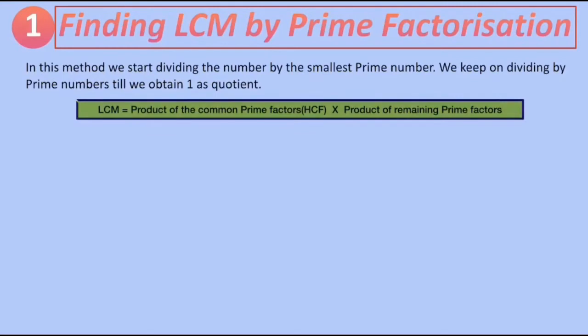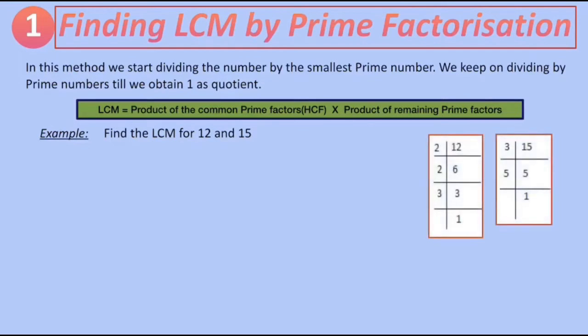Now let us learn about finding LCM by the prime factorization method. In this method, we need to start dividing the numbers by the smallest prime number. As the name itself suggests, prime factorization is where we have to find out the prime factors for the given numbers.